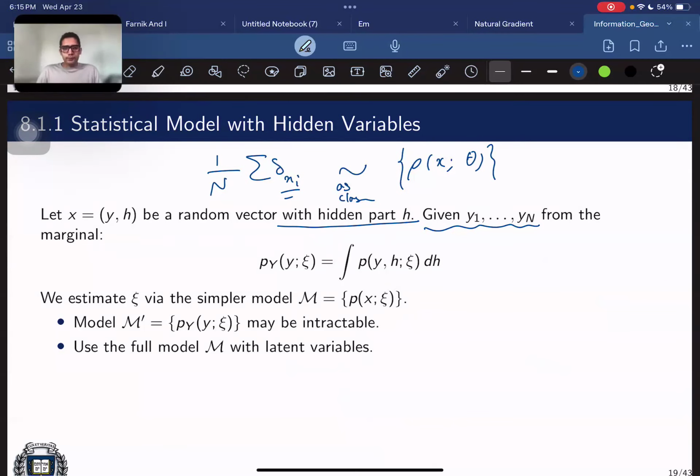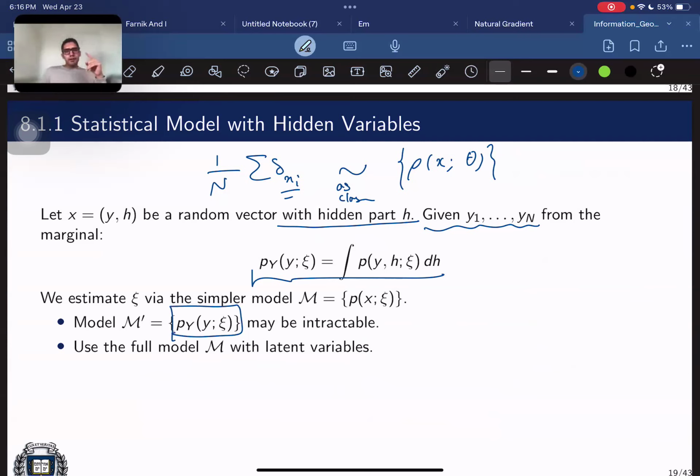One way we saw it, if we observe the whole x, we can take the maximum likelihood estimator and we're done. Here, someone might ask, why not do the same here as well? Given any distribution, we calculate the marginal distribution over y, which is done by taking the integral with respect to all hidden variables, and then estimate over this second manifold.